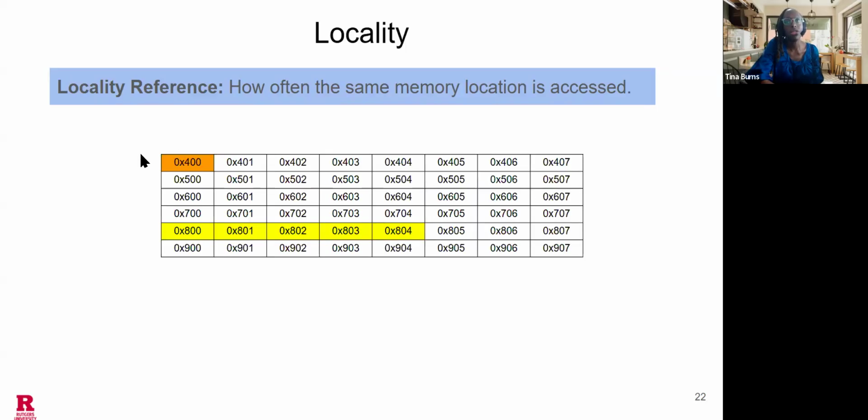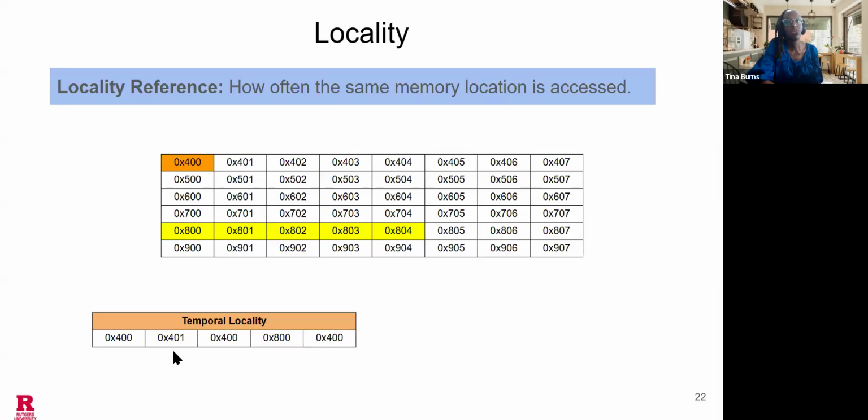If I'm given this example, if we look at this as just an array and the addresses are represented by hexadecimal numbers, if I had something like this that was accessed over and over and over time, that will be something known as temporal locality. That means that I can reference this same memory location at multiple times in the program.